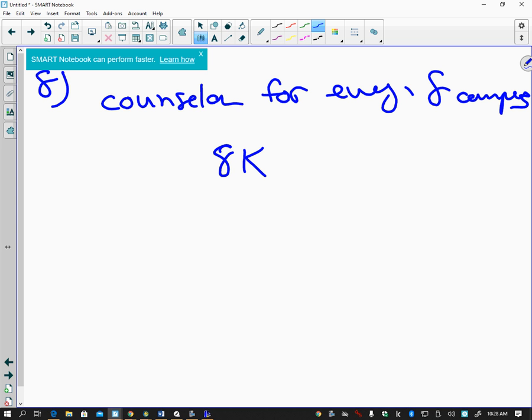So 1 equals 8k, right? So 1 counselor for every 8 campers, right? And if I want to solve for k, I divide by 8, right? I don't know if this is, seems like it's the other way around. Because I don't remember, you can't get, well, all right, hold on, let me see.